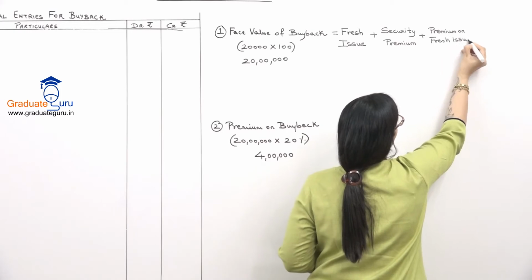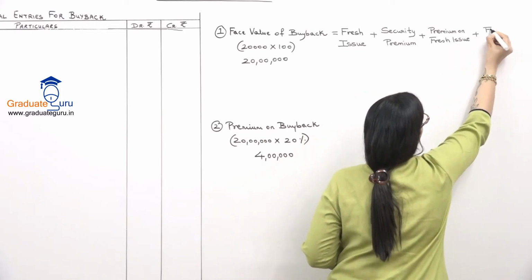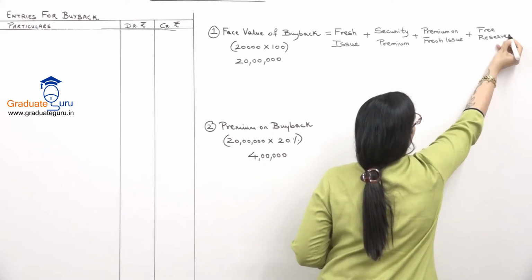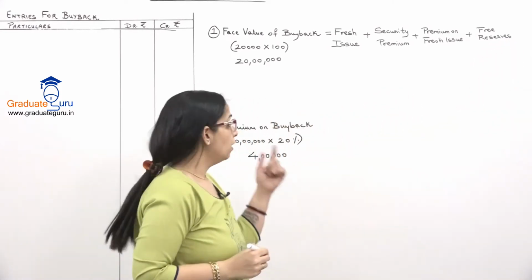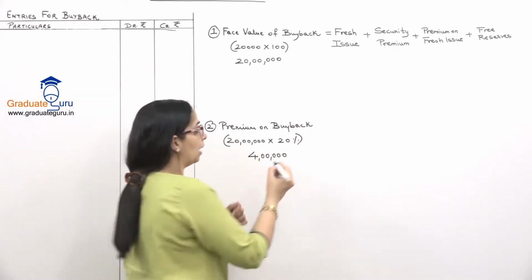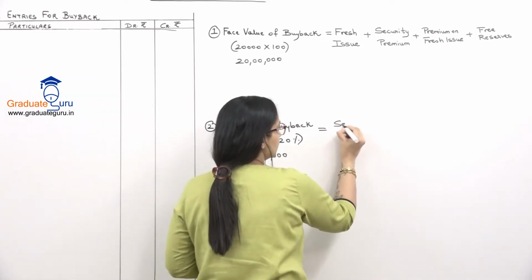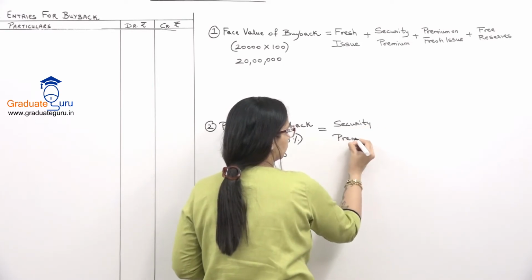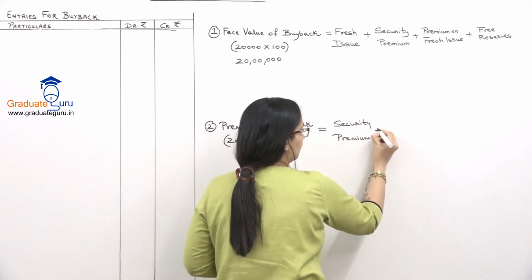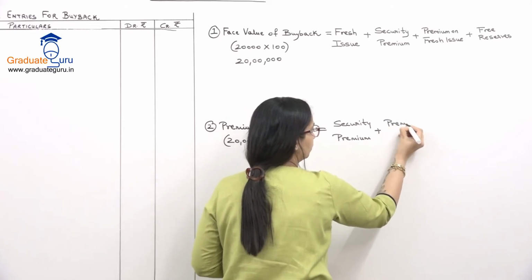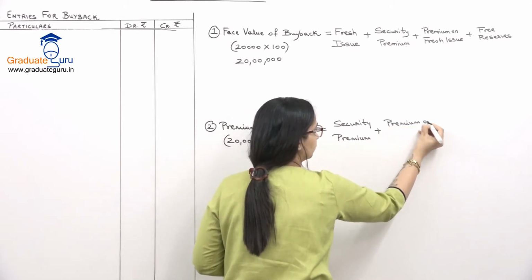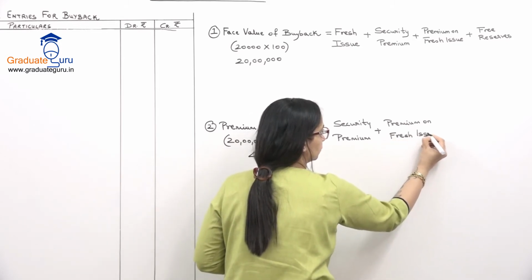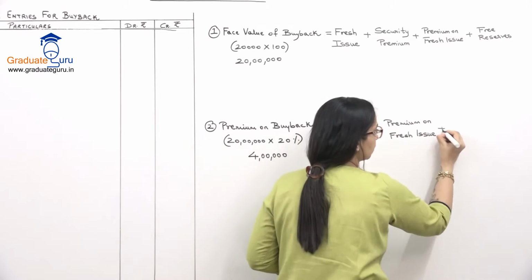And finally, free reserves. Whereas my premium will come from security premium, plus premium on fresh issue, and plus free reserves.